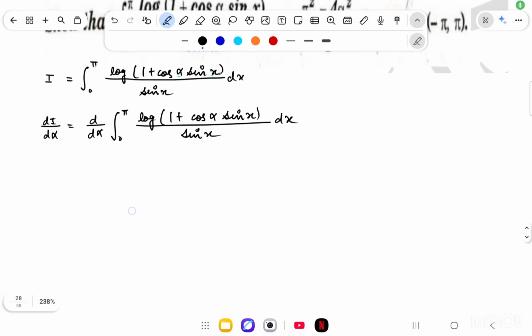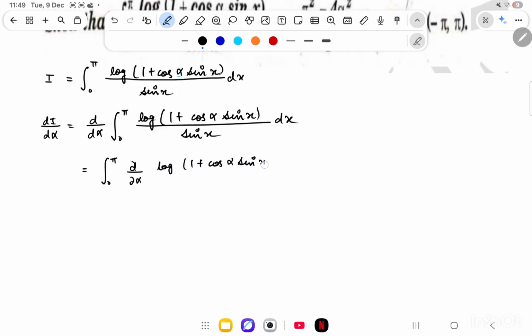If I differentiate it, using Leibniz rule, it will be equal to 0 to pi del by del alpha of log 1 plus cos alpha sin x divided by sin x dx, plus, let's just name the integrand as f(x, alpha).